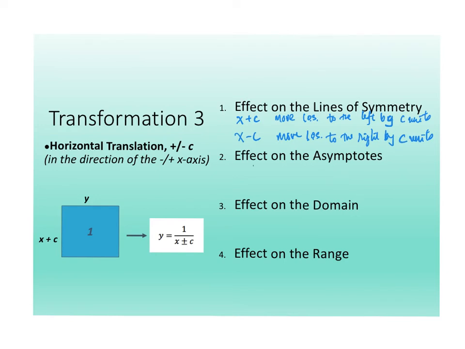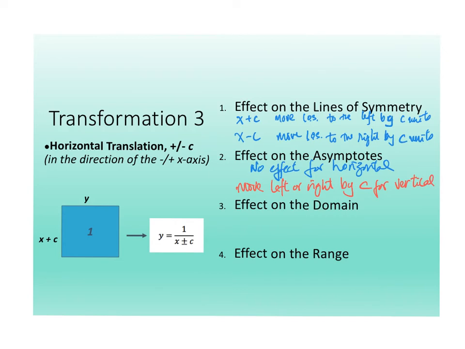There's actually no effect at all for the horizontal asymptote, but for the vertical asymptote, it moves left or right by c.